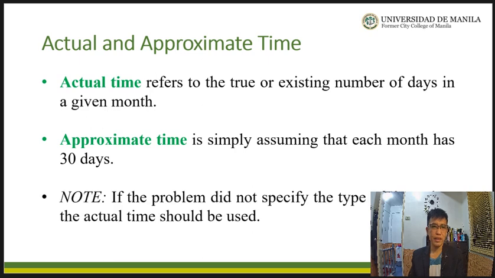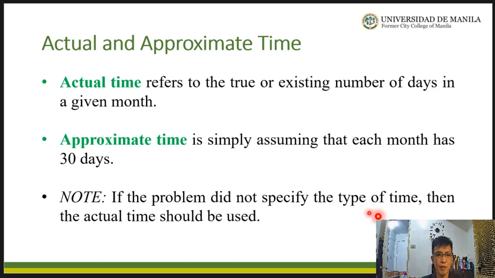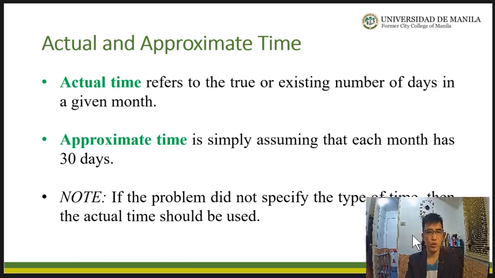And note that if the problem did not specify the type of time, then the actual time should be used. Okay? Kanina, in the problem, if it's not indicated if ordinary or exact, what you're going to find is the ordinary. This time, if the problem did not specify the type of time, then it is assumed that the actual time should be used. Okay?